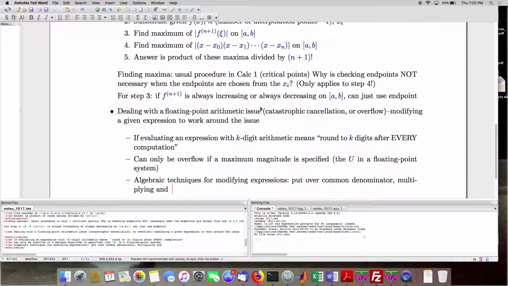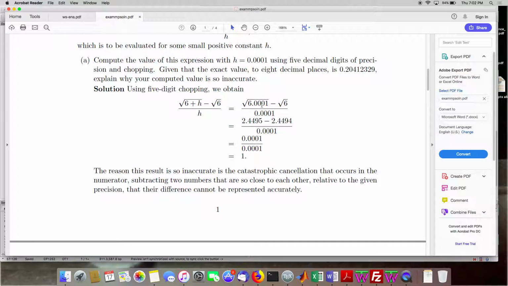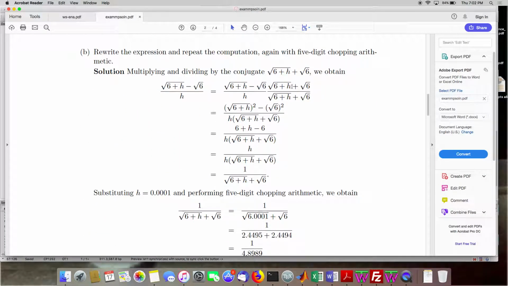Multiplying and dividing by the conjugate. So you have an expression involving square roots. That turned out to be what worked in this problem. We had a difference of square roots. The conjugate is when you take the same expression but change the sign in the middle. So multiplying and dividing by the conjugate and then simplifying, you end up with a difference of squares where things will cancel out.